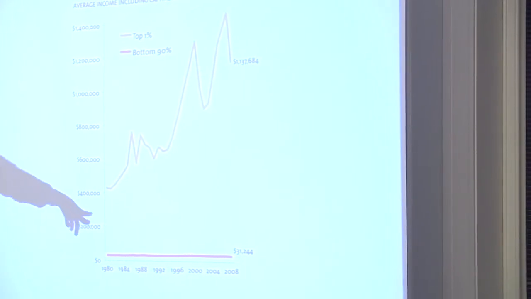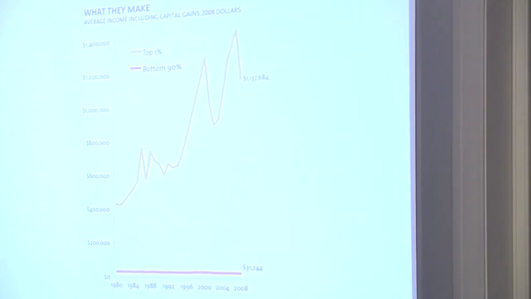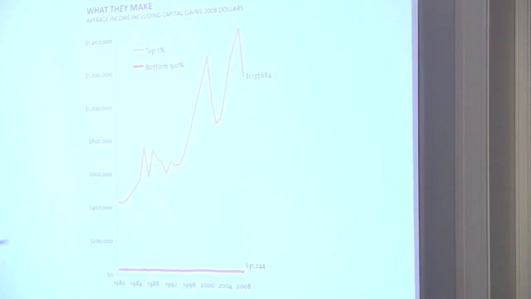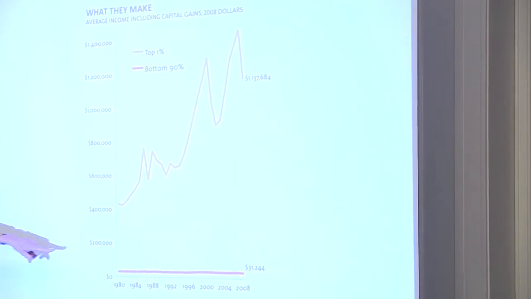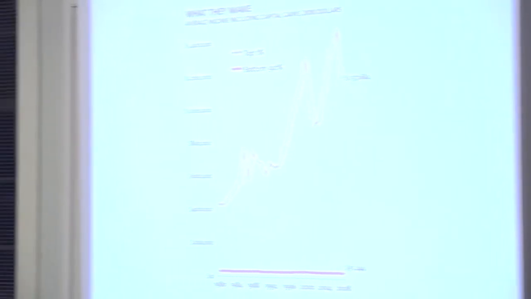Whereas the bottom 90% is this little tiny red line at the bottom, which says $31,000. That's the average family income, the average household income for the bottom 90%. And what it shows you is that it hasn't changed in 25 years, which is not the way it used to be.